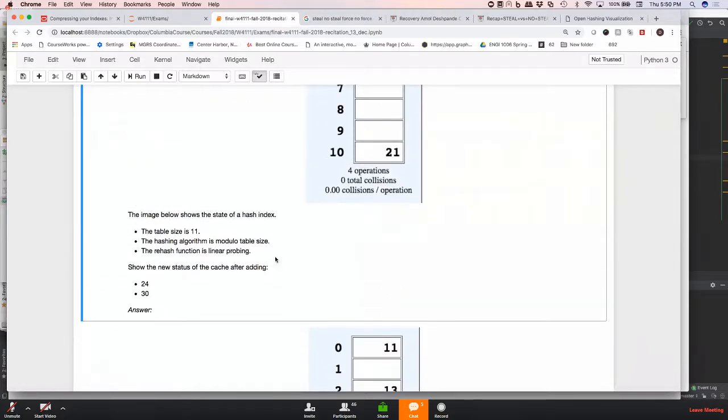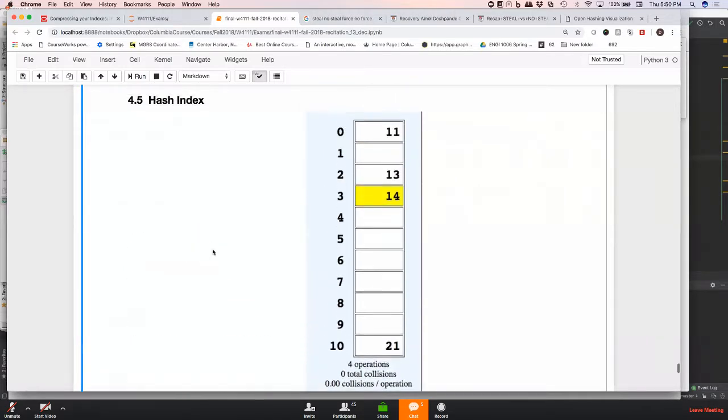The only reason I do this is if you're ever talking to somebody in a job interview or something and they ask you questions, these are the 3 things that determine hashing: table size, hash algorithm, and rehash function. The other factor, which is incredibly complicated, is when this starts to break. Looking up something in a hash table is constant time.